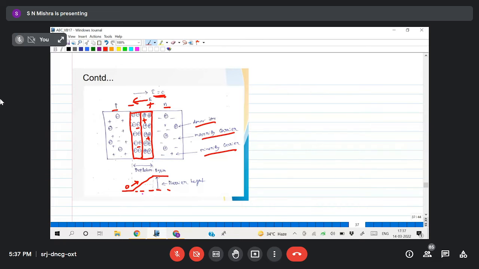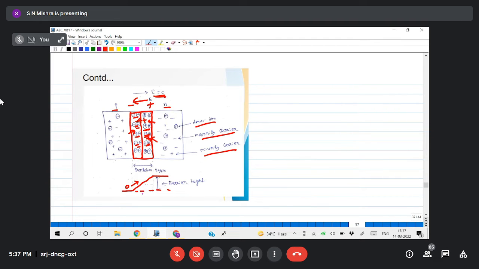There will be movement because you can see here, this is my electron, the minority carrier in the P side, and here I am finding positive ions, which are attracting these electrons. Similarly, the minority carrier in the N side is holes, and these holes will definitely be attracted by these negative charges.